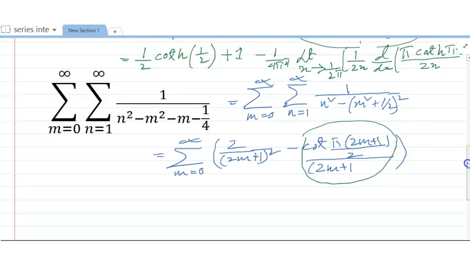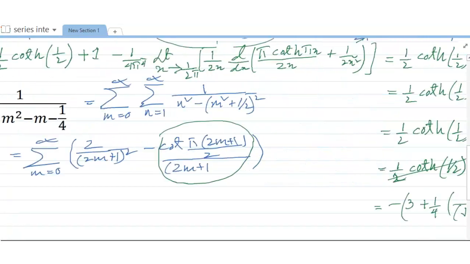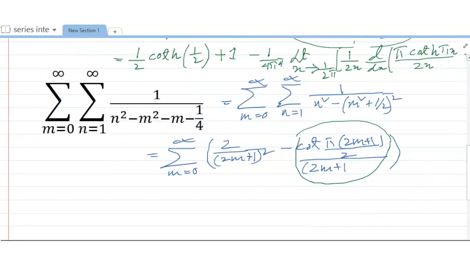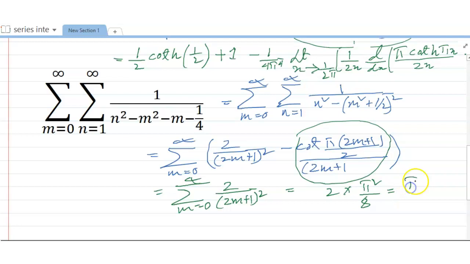So we get this answer: the summation from m equals 0 to infinity of 2 divided by (2m plus 1) whole square is equal to 2 into pi square by 8, which is pi square by 4. So this is the total formula.